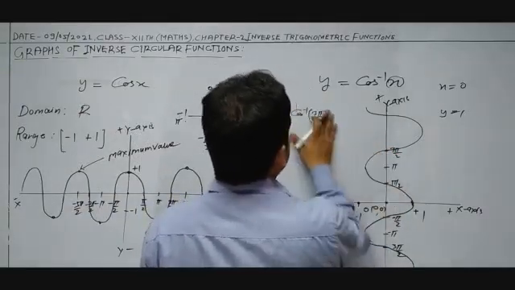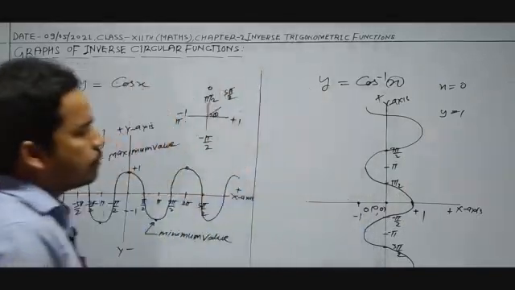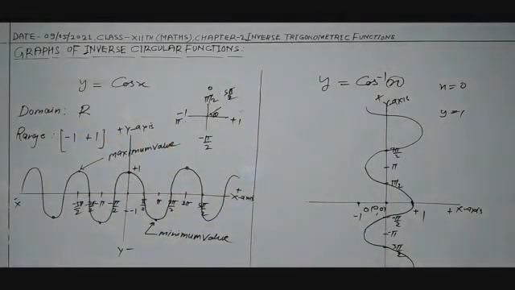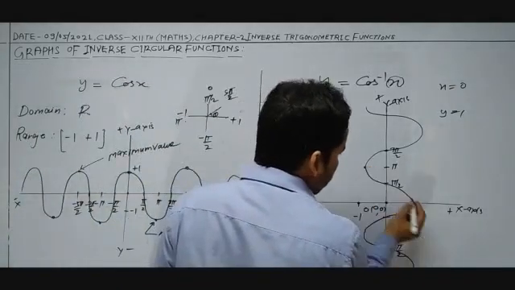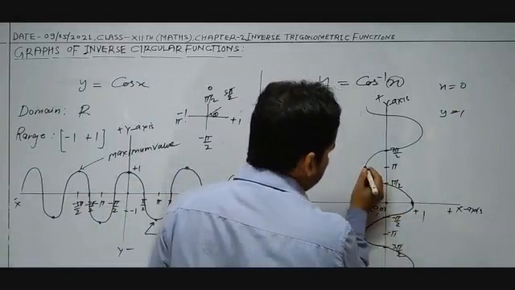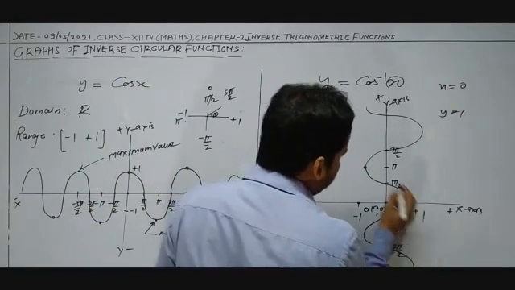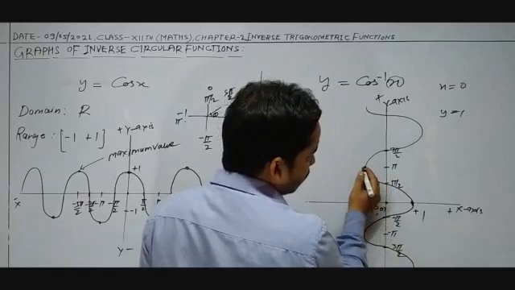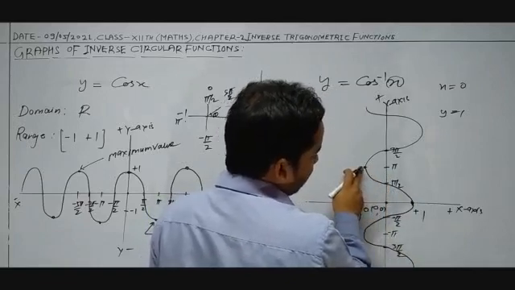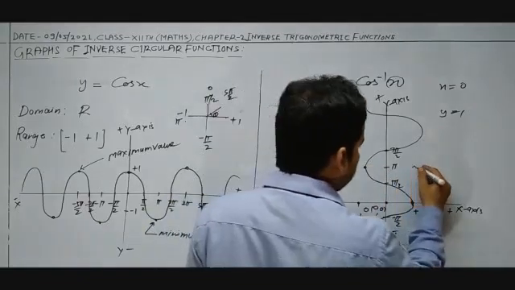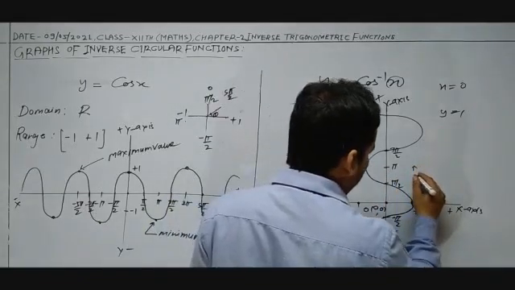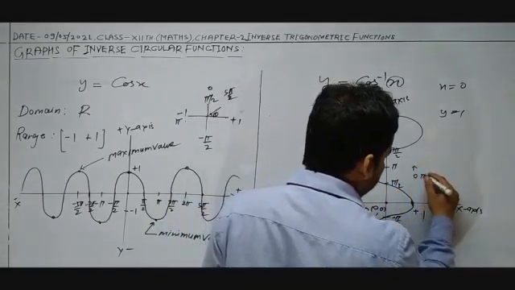So this is the graph of cos inverse x, and this graph is restricted between minus pi to 0, or we can say 0 to pi. This is the value from 0 to pi.